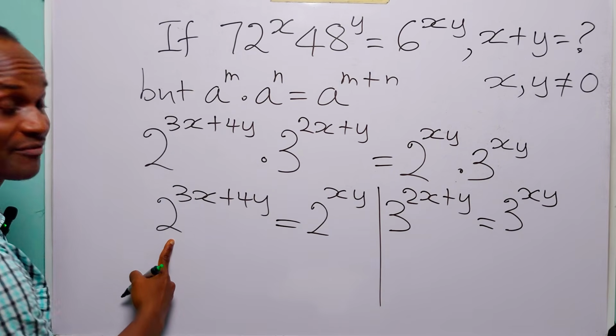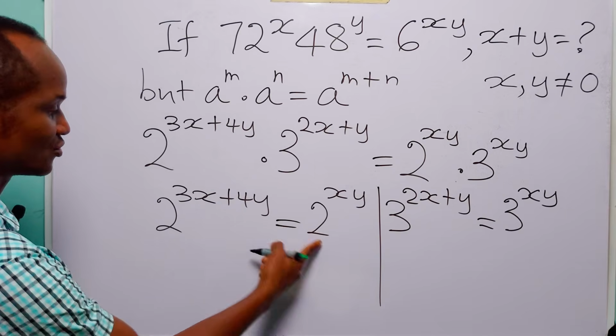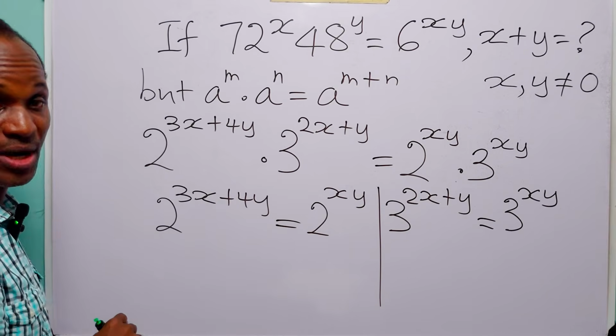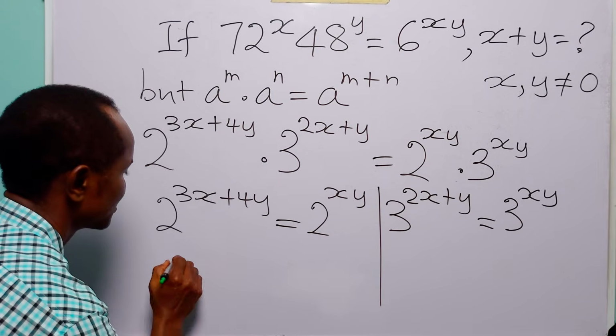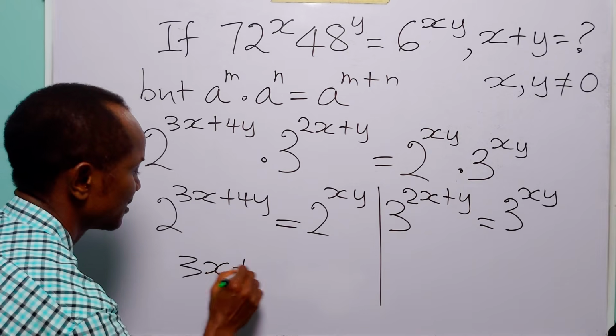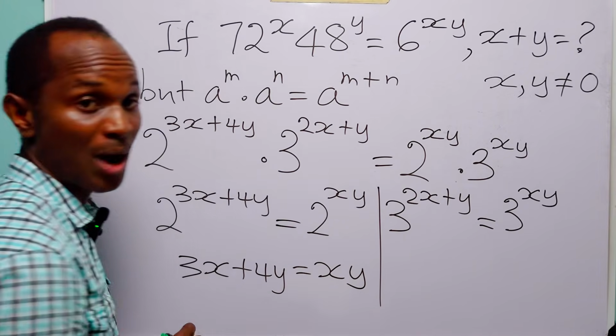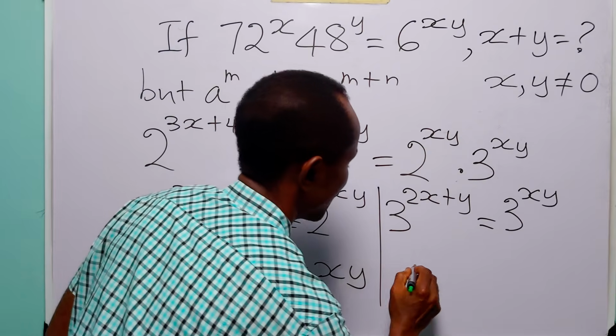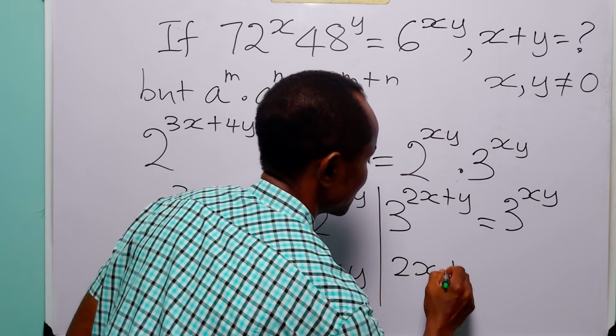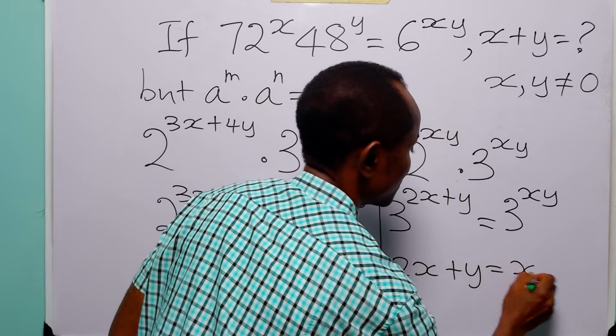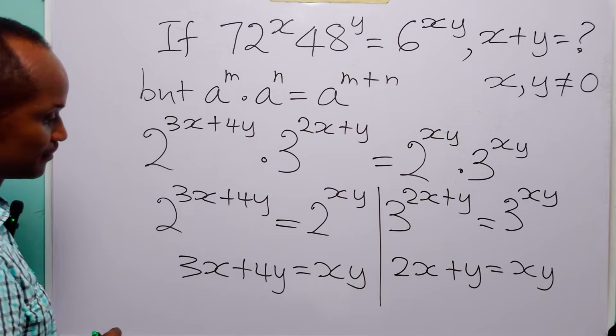And of course, here we have the same bases, we have 2 and 2, so we can equate the exponents. So from here, we have that 3x plus 4y is equal to xy. And from here, we have that 2x plus y is equal to xy.